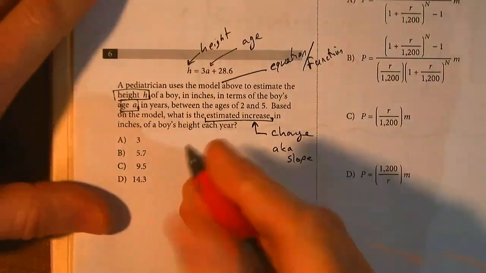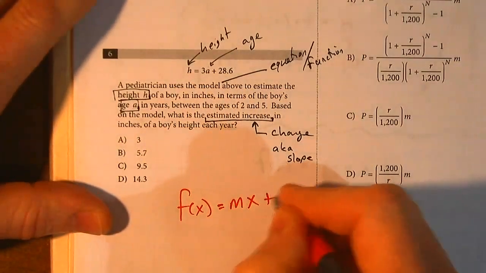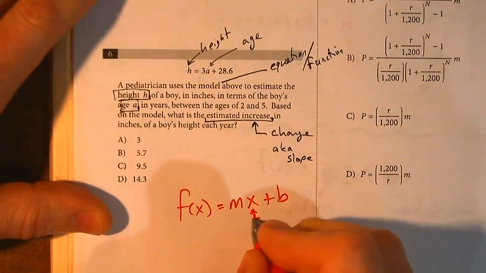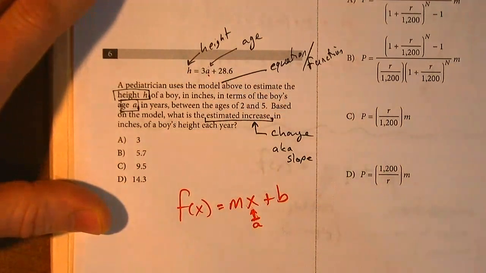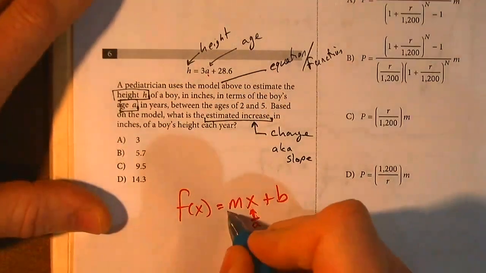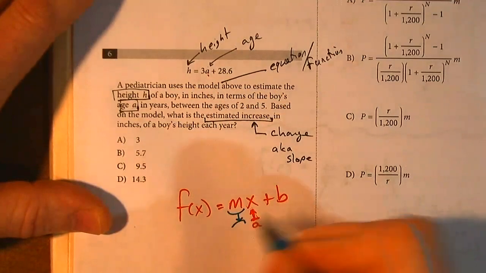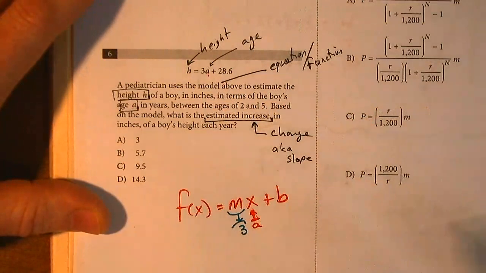Slope is always the thing that gets multiplied by the variable, right? There's my variable. So in this problem, my variable is A. The slope is the thing that's getting multiplied by the variable. So in this problem, we're multiplying the variable by 3. That's my slope.